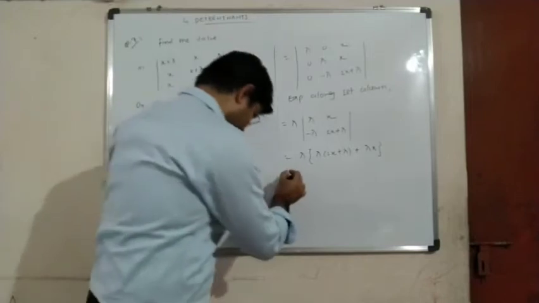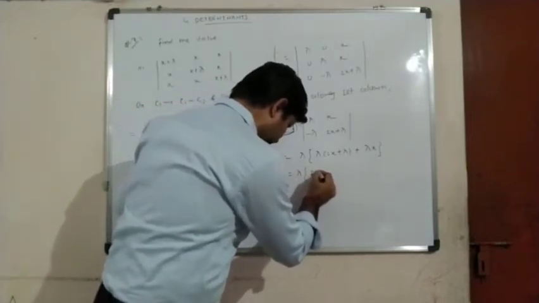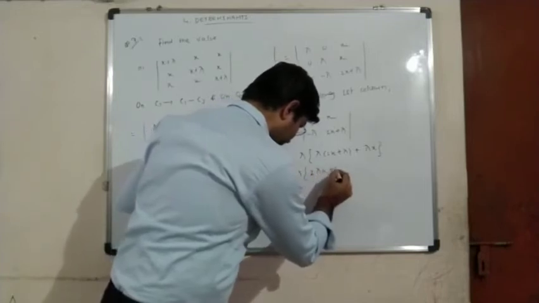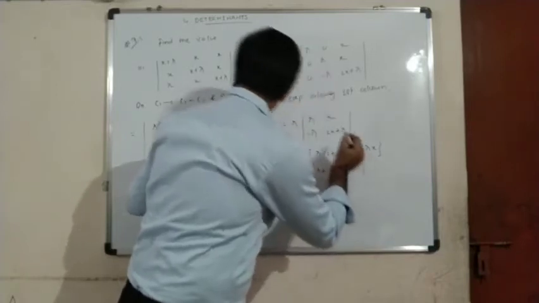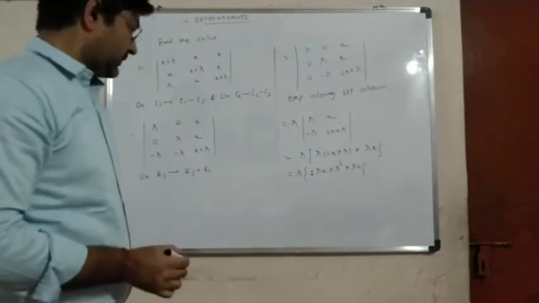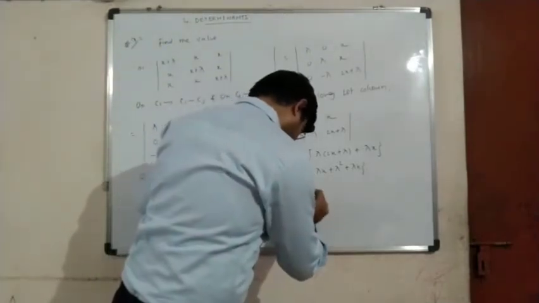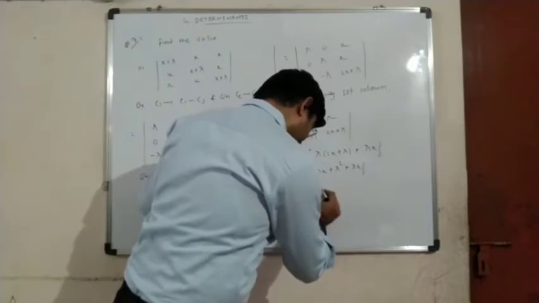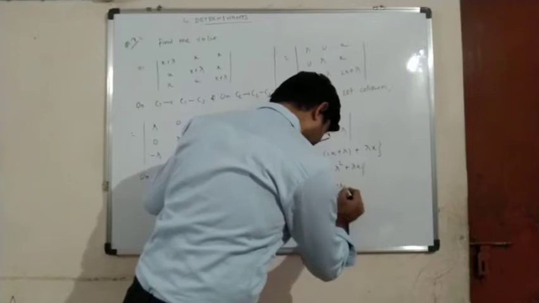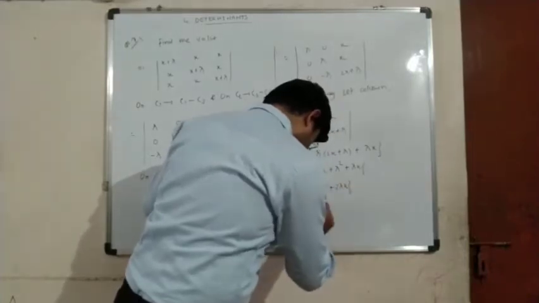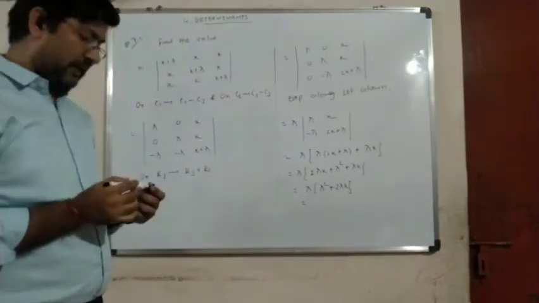Further simplifying, we get lambda, 2 lambda x plus lambda square plus lambda x, which equals lambda into lambda square plus 3 lambda x, and on multiplication with lambda we get lambda cube plus 3 lambda x.